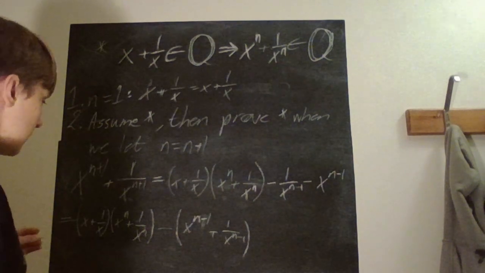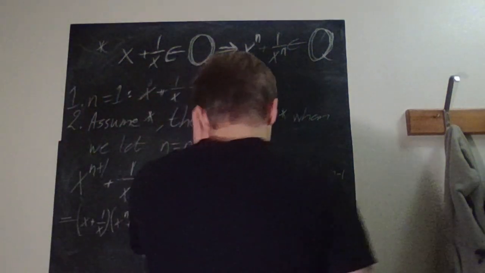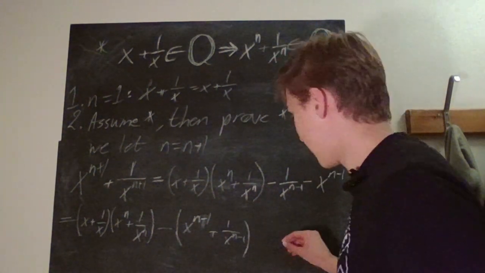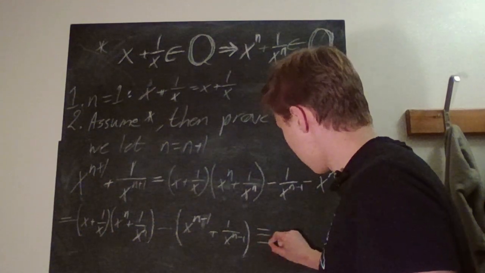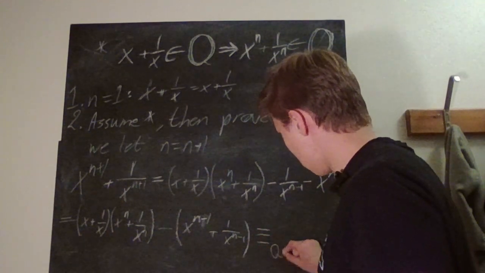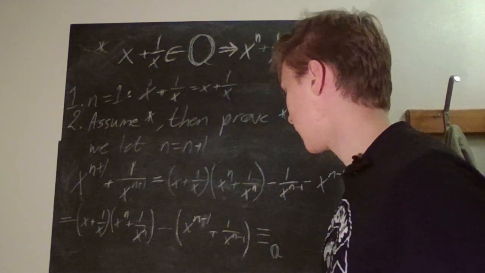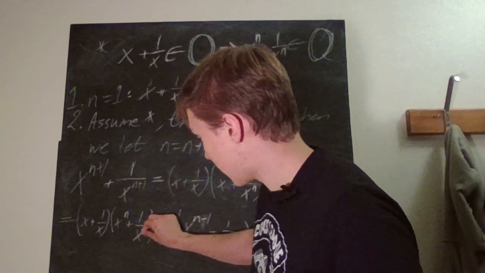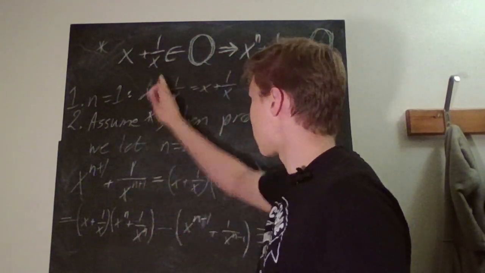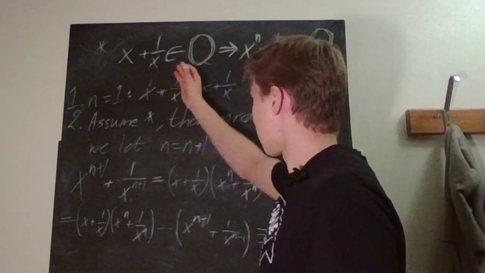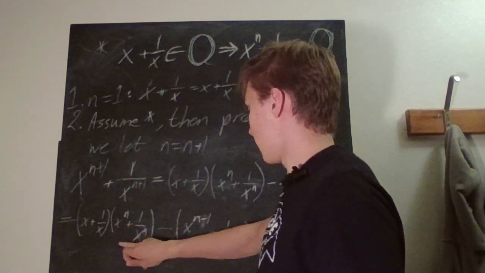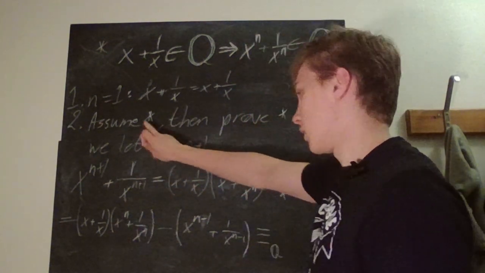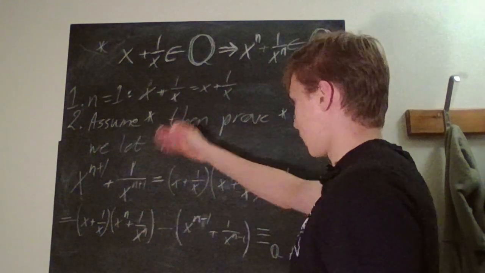So therefore, if we invent some kind of rational modulus, that I just invented, then we know that this thing here, x plus 1 over x, we assumed is rational from the beginning, and this other thing is our induction assumption, so we assume that this is true.